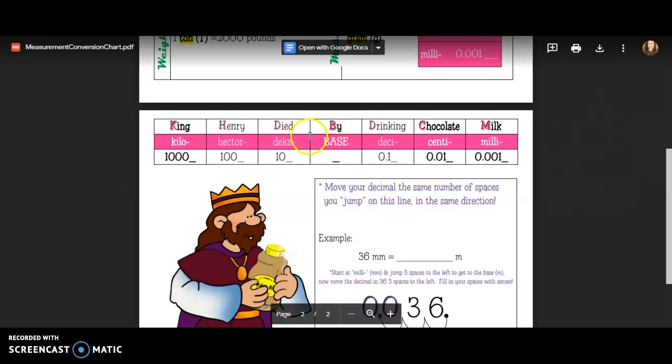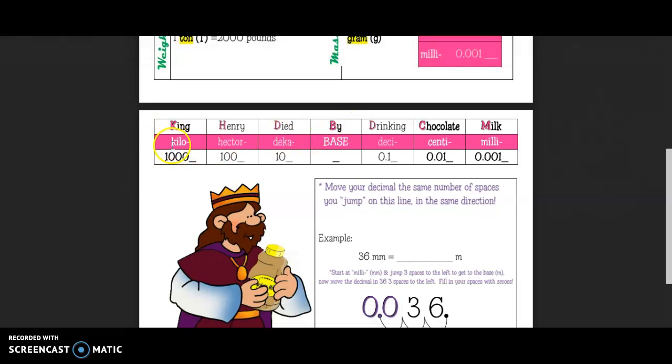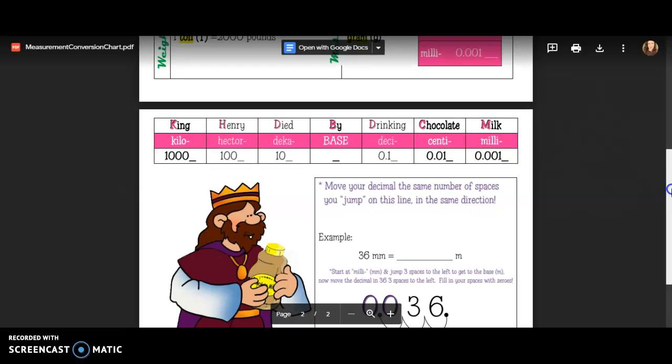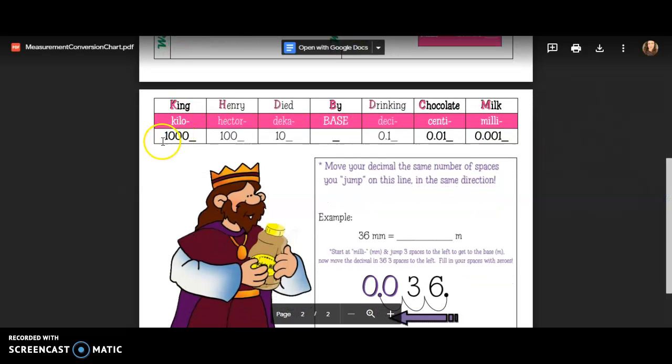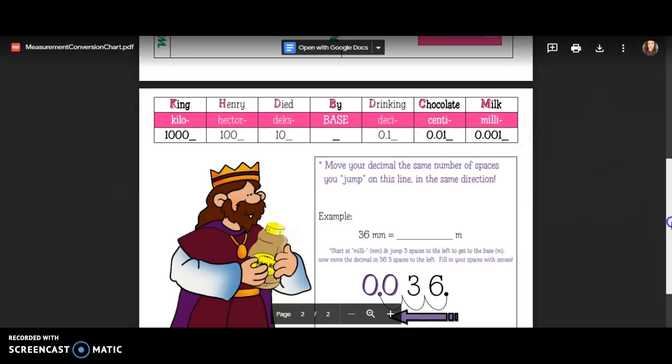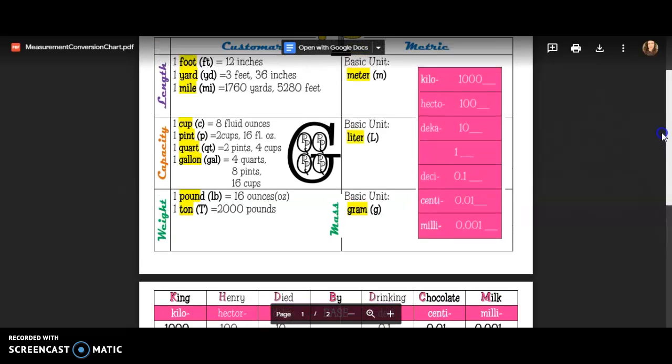The first letter stands for kilo, hecto, deca, base, deci, centi, milli. It shows you what it looks like across, starting with the larger number to the decimals. And that can work for weight, capacity, or length.